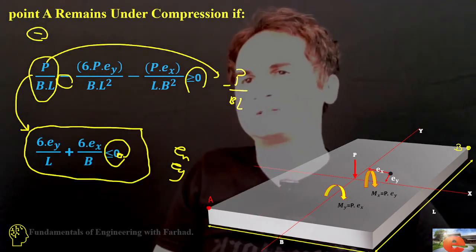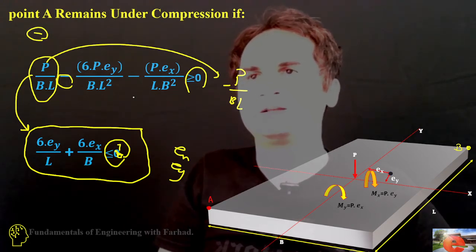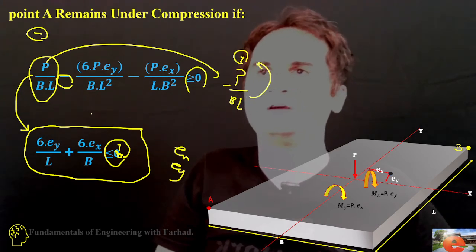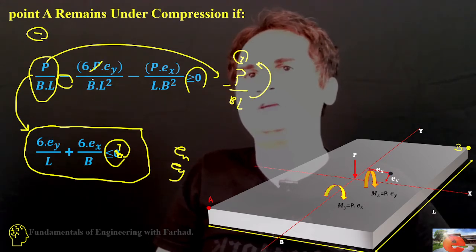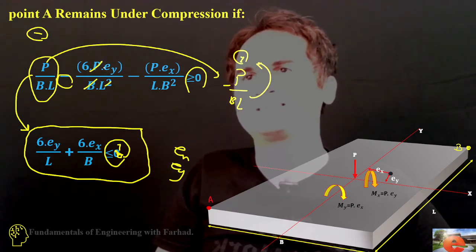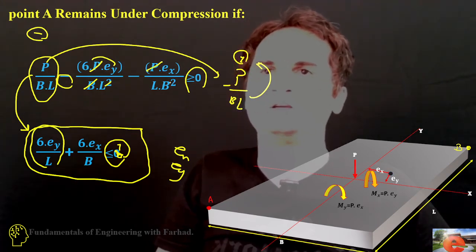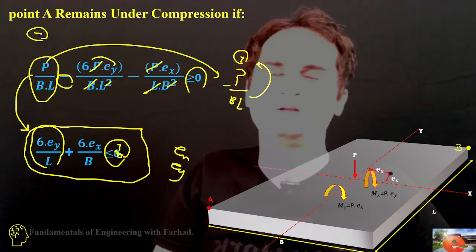Sorry, this is less than 1. So if we bring this here and divide it by P over BL, it just turns to be 1, and it is divided by PBL. So that's 6 times Ey over L plus likewise 6 Ex over B should be less than 1.